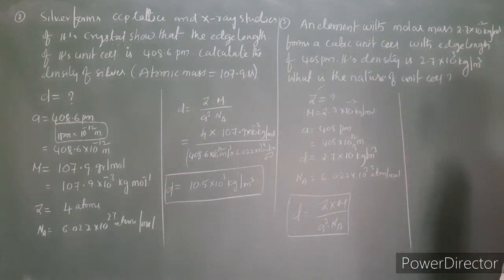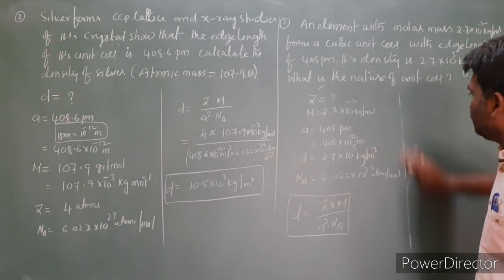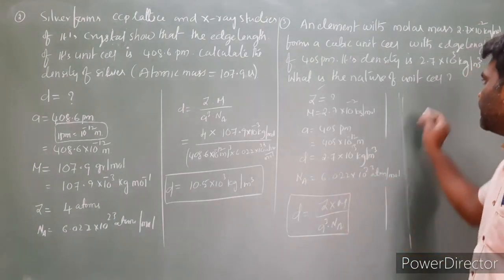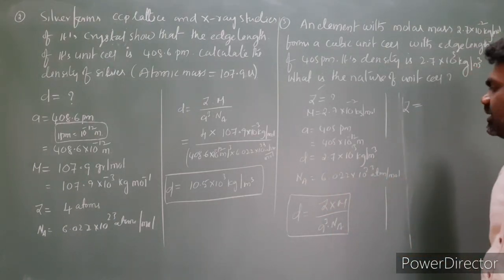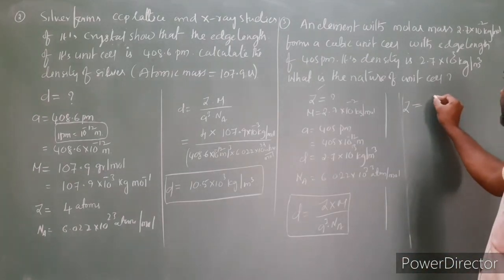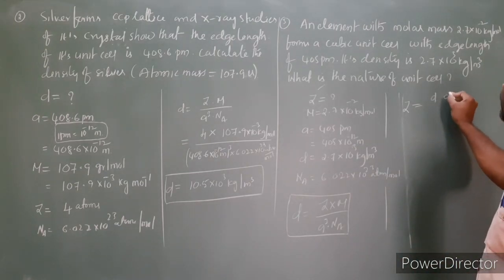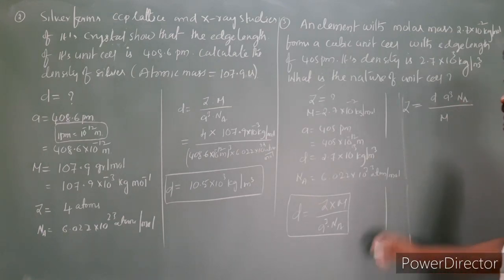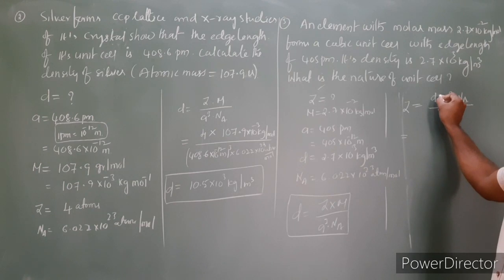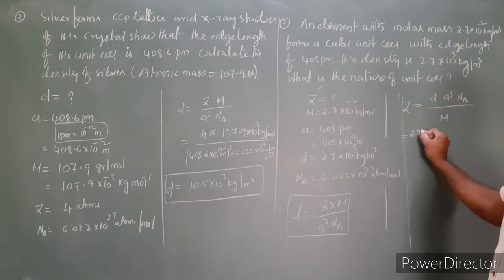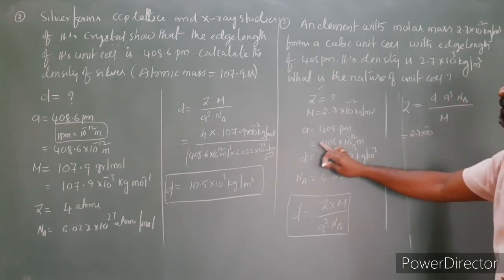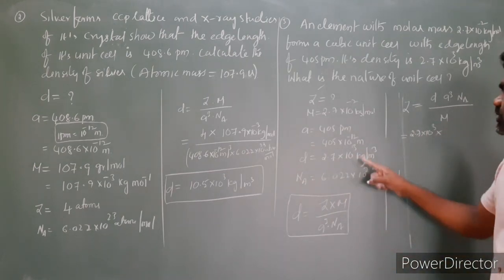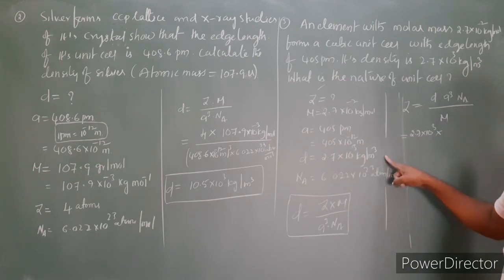Substitute all the data given. In this case, we have to find out the Z value. So Z is equal to D into A cube into Na by M. So substitute all the data given. D is equal to 2.7 into 10 power 3 kg per meter cube.